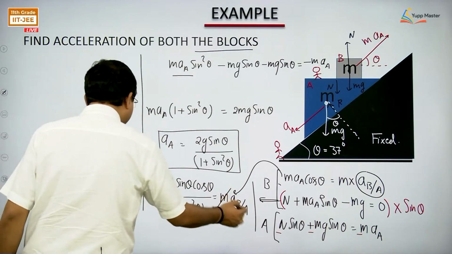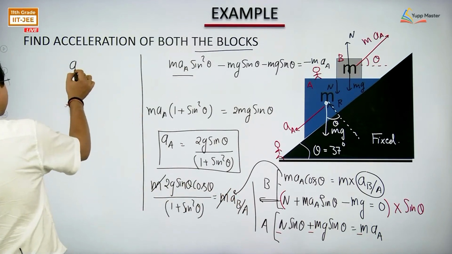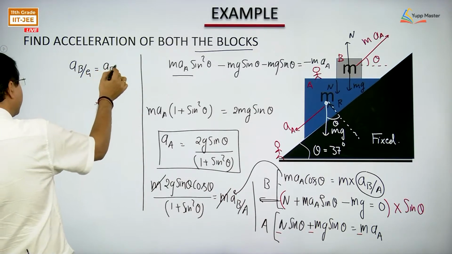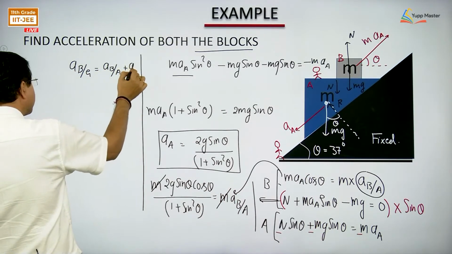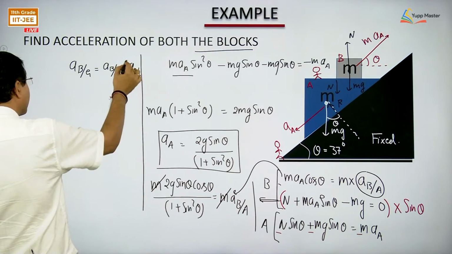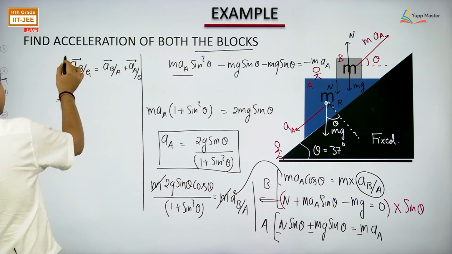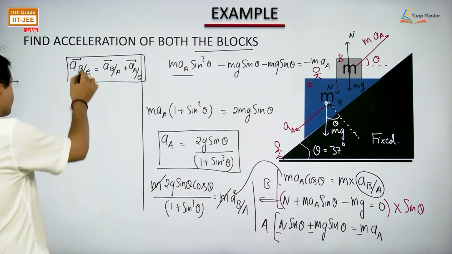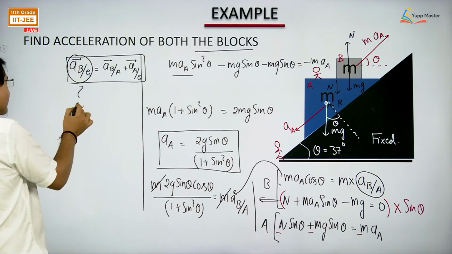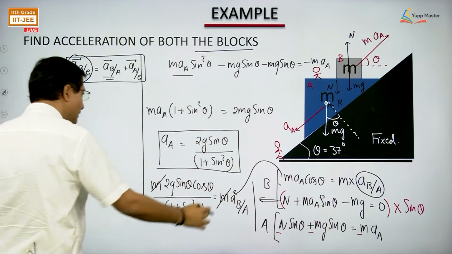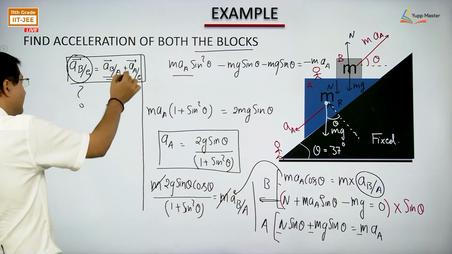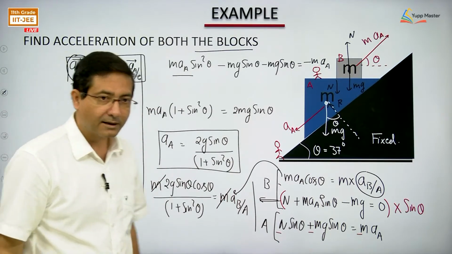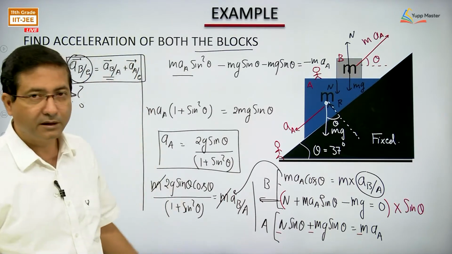So the acceleration of B with respect to ground is the acceleration of B with respect to A plus the acceleration of A with respect to ground. I can use this relative acceleration formula, write this vectorially, and then I'll get the acceleration of block B with respect to ground.